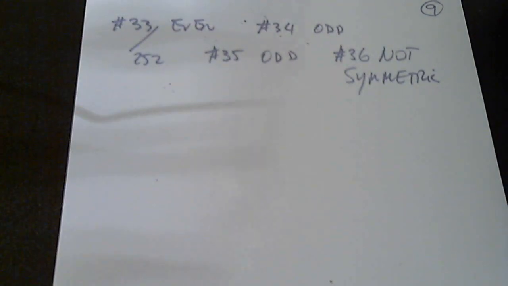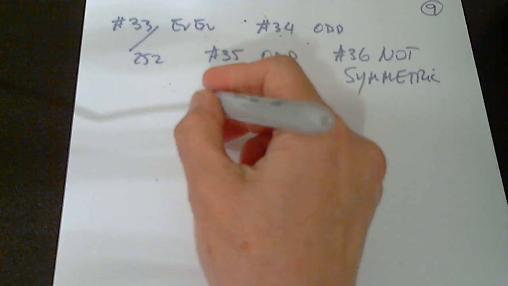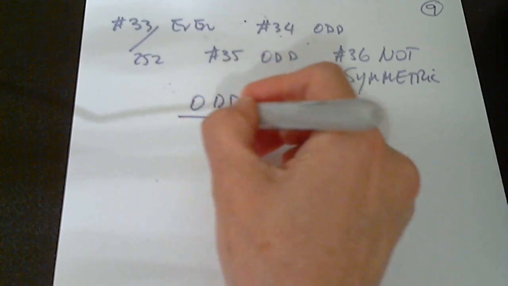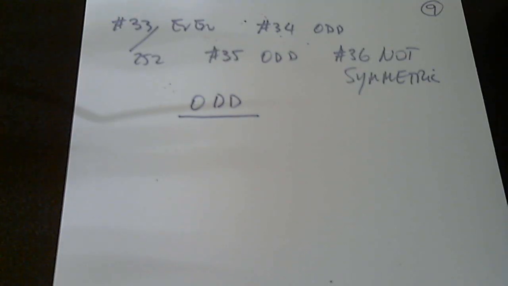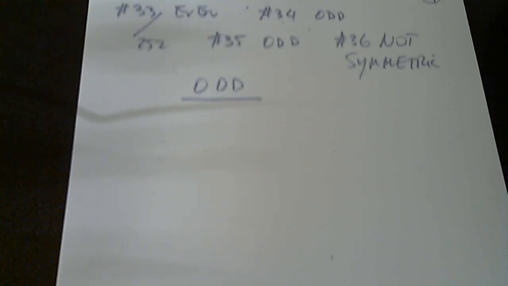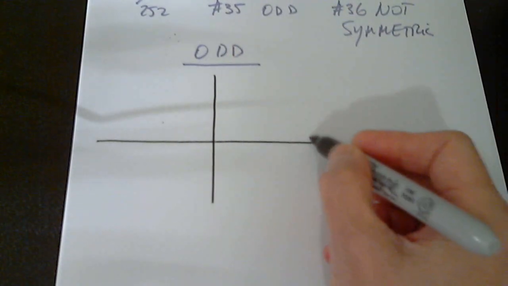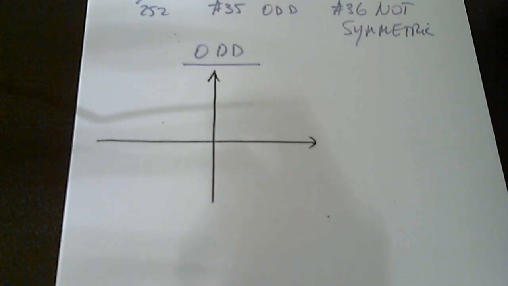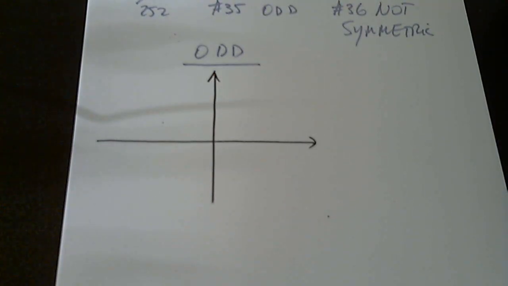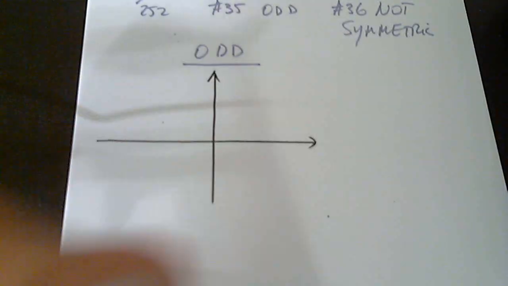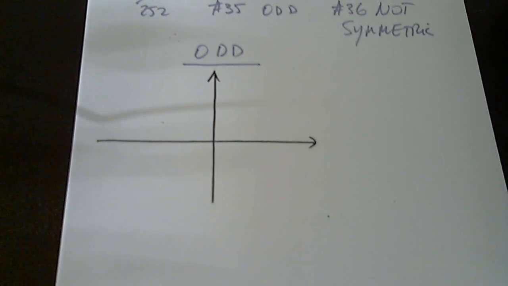There is a relationship. So for odd, let me graph an odd function and take it from there. I want you to understand the relationship because I know it's easy to memorize it, but I want you to understand it. So here's an example of an odd function.